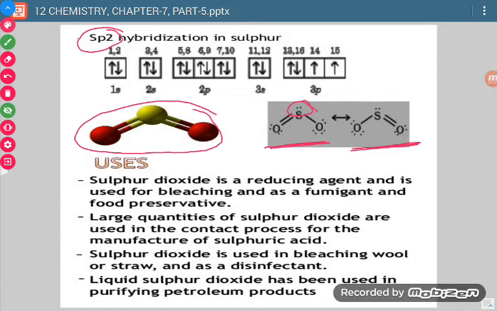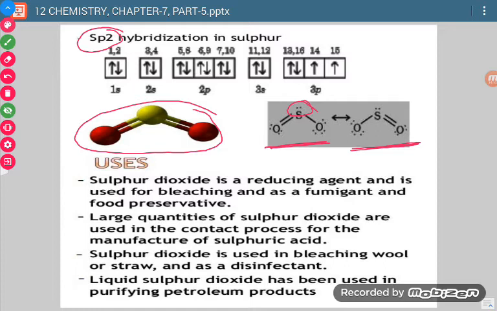If you see the structure, there is one lone pair on the central sulfur atom, and it is bonded by a coordinate bond with one oxygen atom, and there is a double bond with the other oxygen atom.